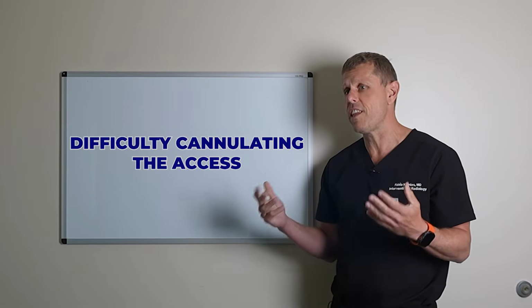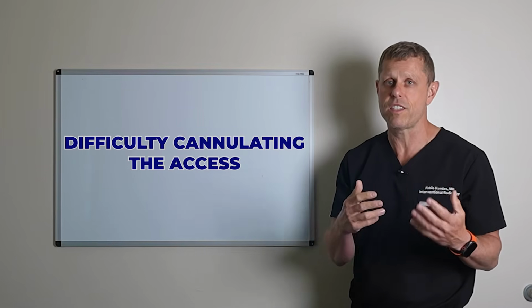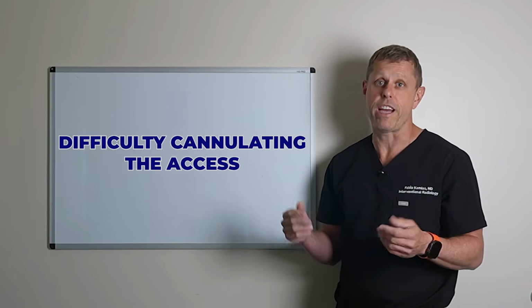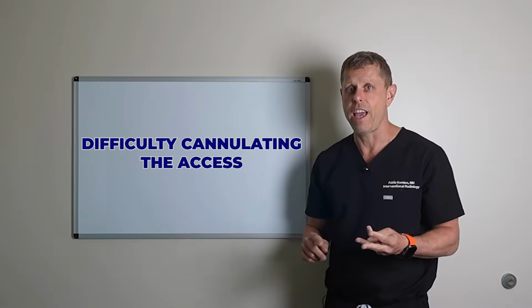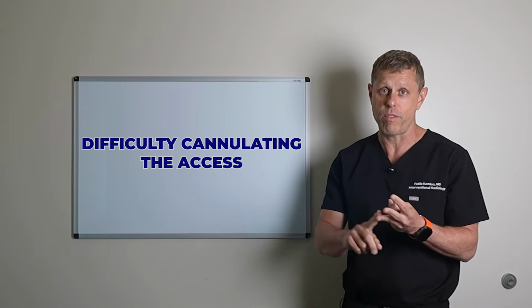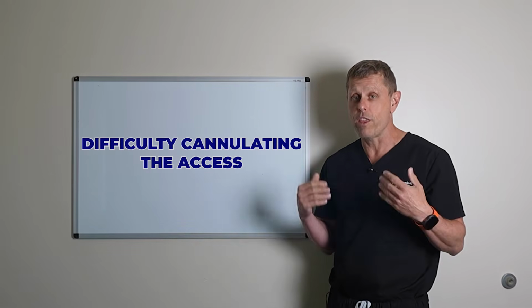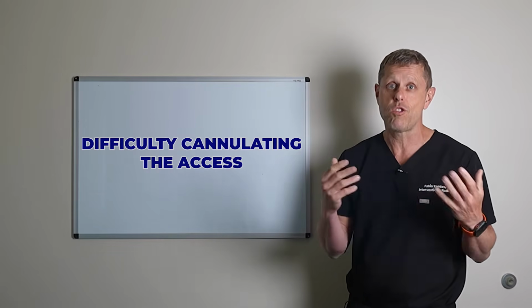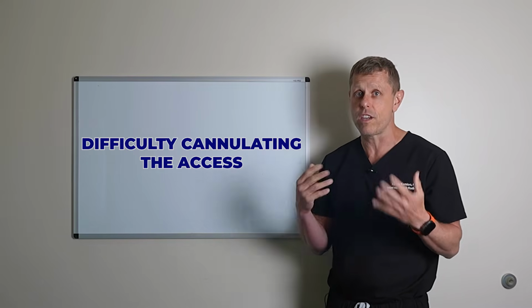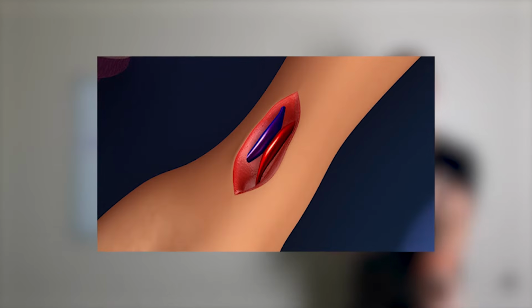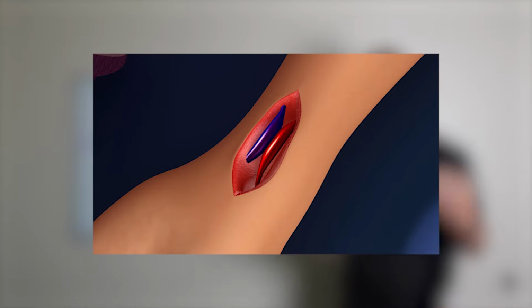So if this is a new access and the nurses are having a hard time, we have to check. First, we make sure that there is enough flow, that the vein is large enough, and that the vein is superficial enough. Sometimes one of the problems can be that the vein is too deep for them to access. In those cases, you can do a surgery to make a cut over the vein and then superficialize it.